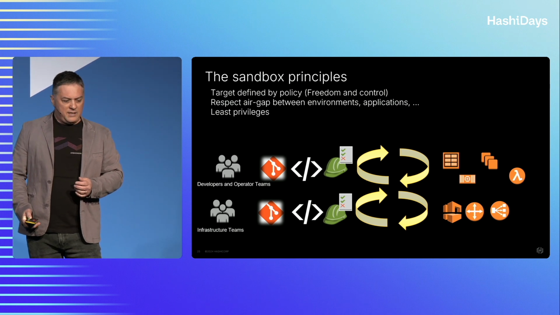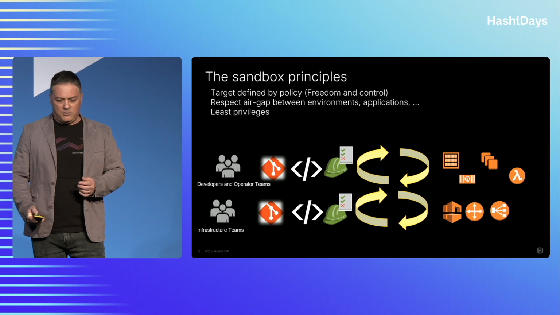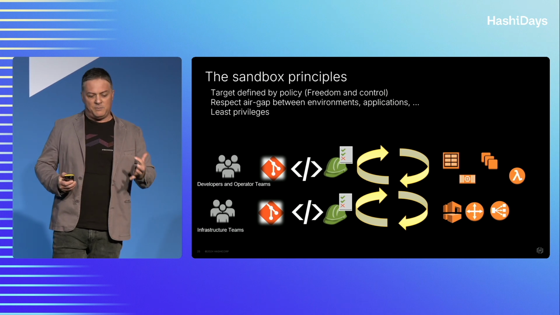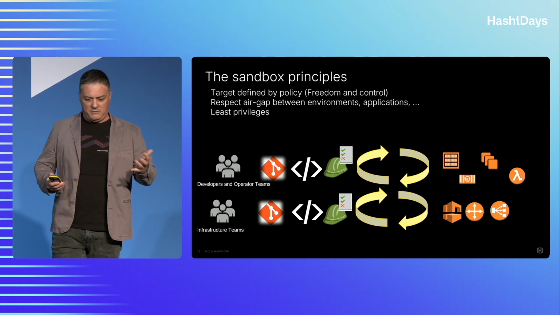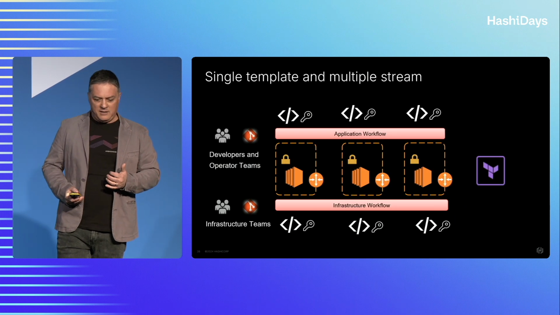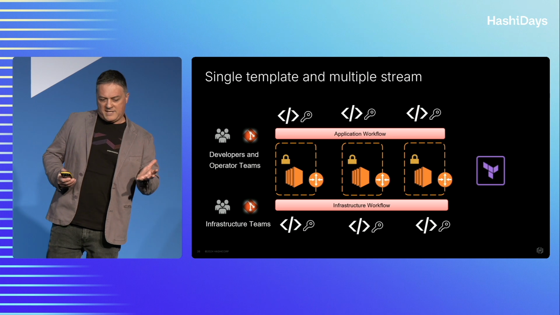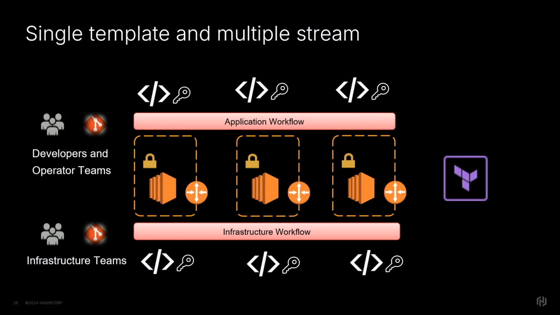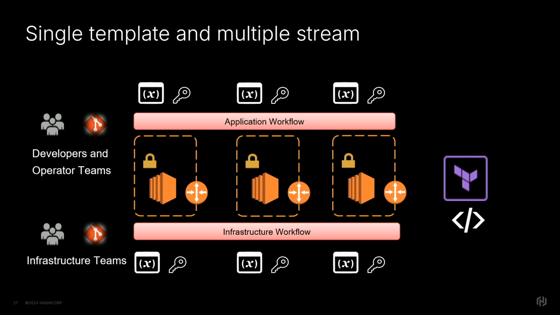In this way, you can implement multiple roles, as we've seen, like infrastructure and applications. And because we are using HashiCorp Cloud Platform, we are handling multiple streams and multiple environments, and we centralize all the templates and variables.